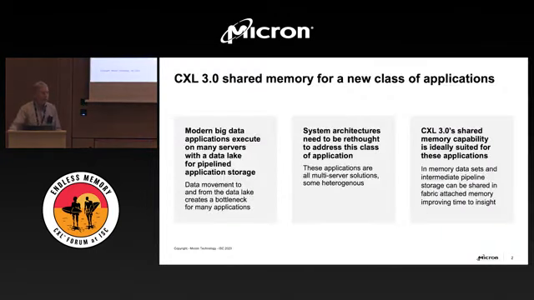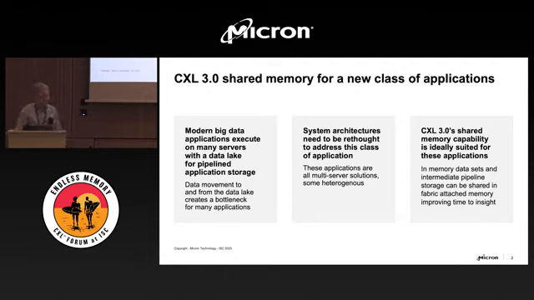What I'm talking about here today is primarily use cases and applications on this scalable memory system. Modern big data applications execute on many servers with a data lake for pipelining application storage. This is similar to what Charles just talked about at Membridge.